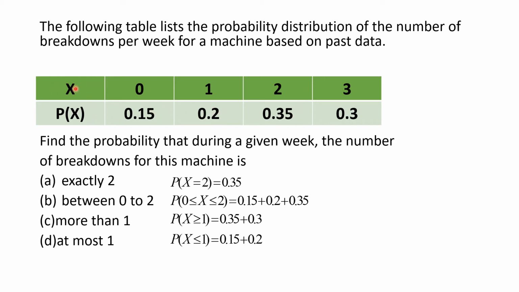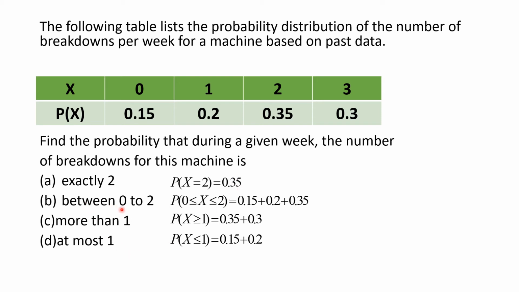You're given X, possible outcomes 0, 1 to 3 breakdowns per week, and these are the probabilities for each of the outcomes to occur. Okay, so find the probability that during a given week, the number of breakdowns for this machine is exactly 2. If it's exactly 2, it's very clear. If you read it off the table, when X is 2, probability is 0.35.